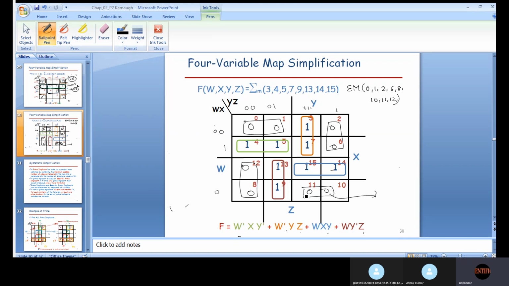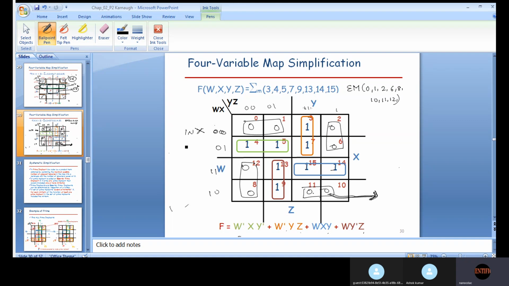So what you will do, how do you write this? Zero. So how do you write this in POS form? What is the sum for this group? WX: 0, 0, 0, 1, 1, 1 and 1, 0. Okay.